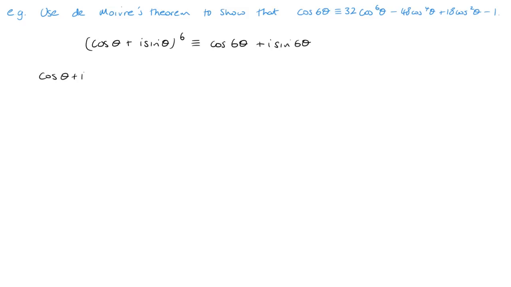So (cos theta + i sin theta)^6. Now this is going to expand to cos^6 theta + 6C1 cos^5 theta (i sin theta) + 6C2 cos^4 theta (i sin theta)^2, plus and so on.